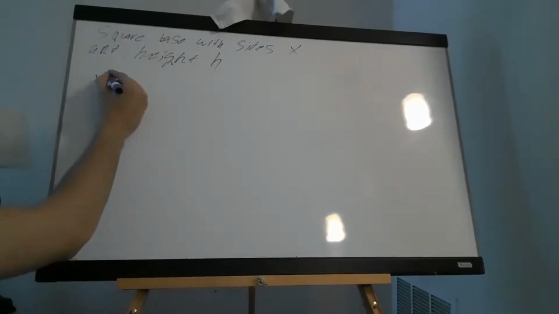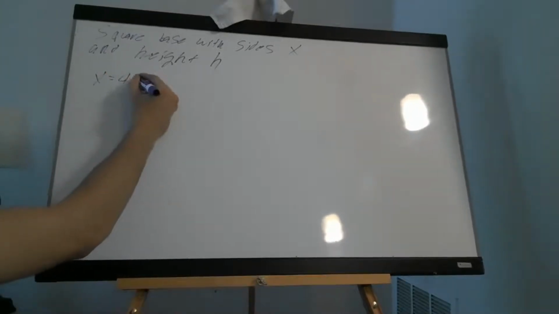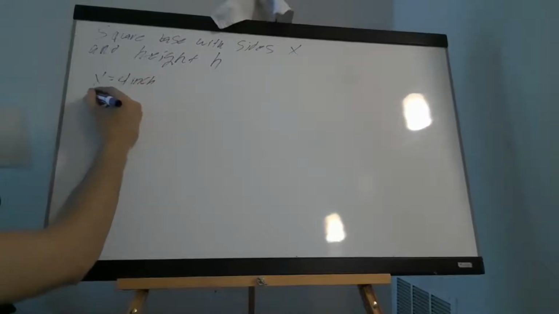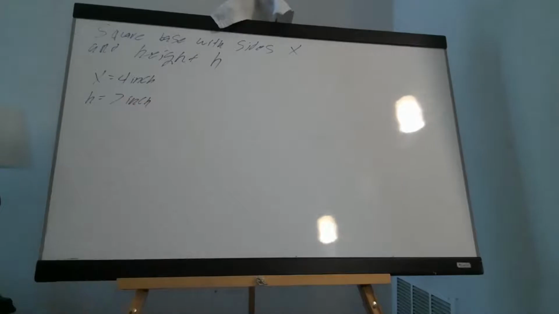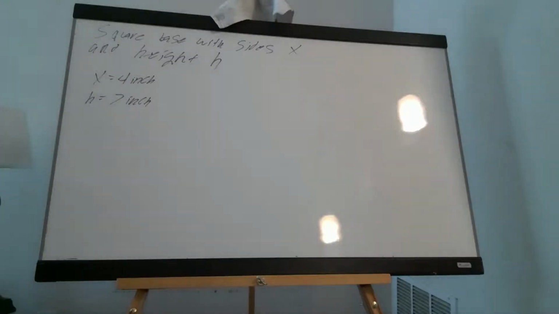At that instant, we have x equals 4 inches and h is equal to 7 inches. The base side length x is decreasing at a rate of 1 inch per hour, and the height h is increasing at a rate of 2 inches per hour.